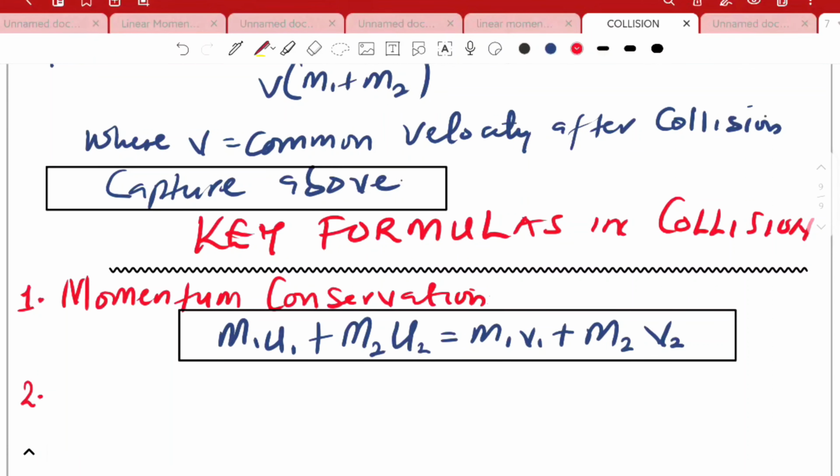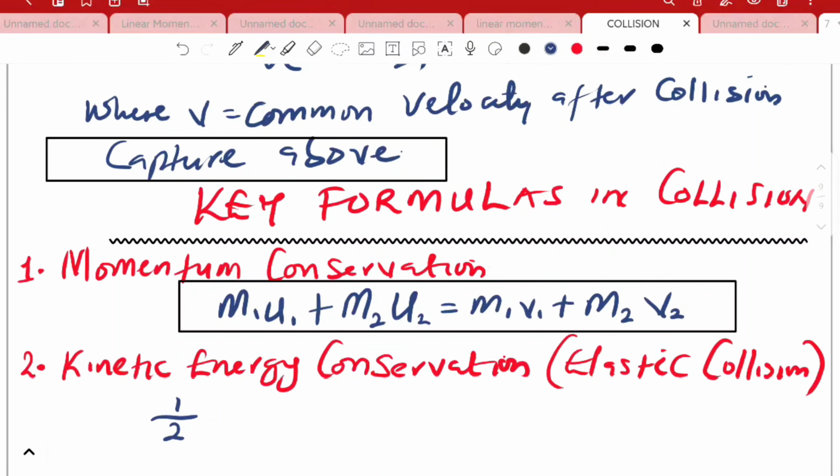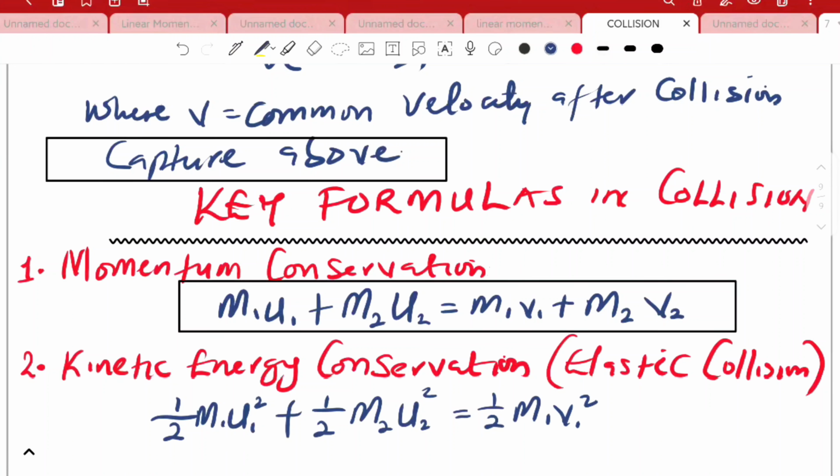Now let's proceed. Number 2, kinetic energy conservation, which is elastic collision. For elastic collision, we have 1 over 2 m1 u1 squared plus 1 over 2 m2 u2 squared will equal 1 over 2 m1 v1 squared plus 1 over 2 m2 v2 squared.